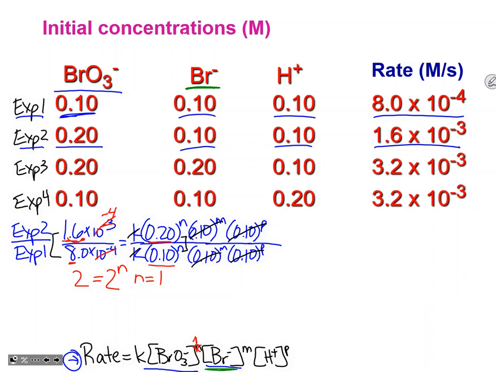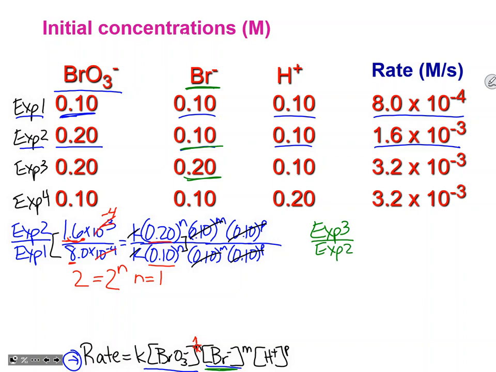So look at your data. Where is it showing bromate and hydrogen stay the same concentrations, but the bromide, the Br minus, is the only one where the concentration changes? Yes, it's 2 and 3. So I'm going to use experiments 2 and 3. Once again, putting the one with the larger values on the top. So 2 and 3, we're going to be using these.